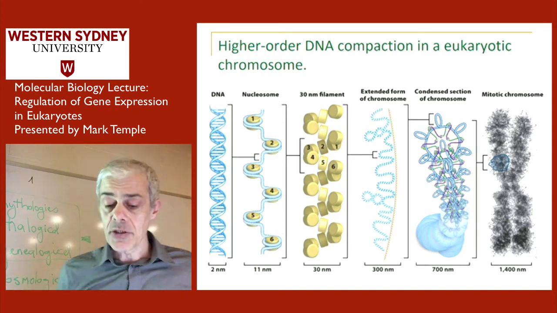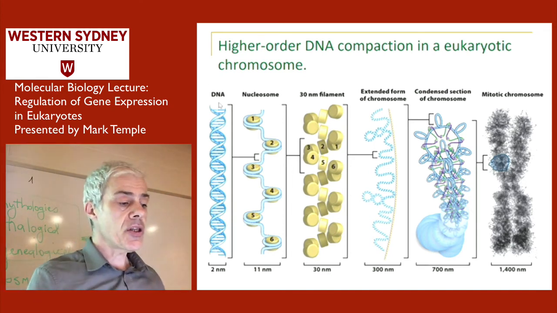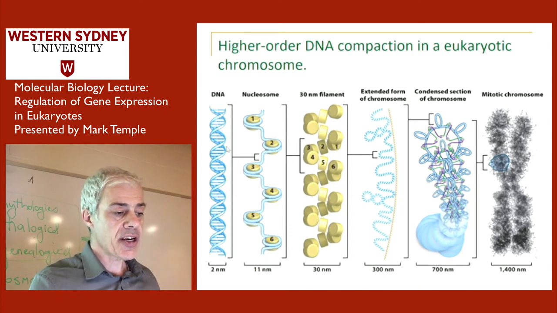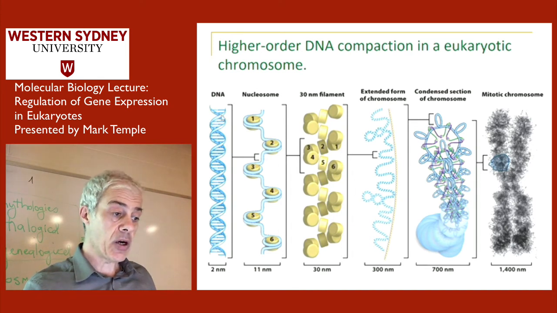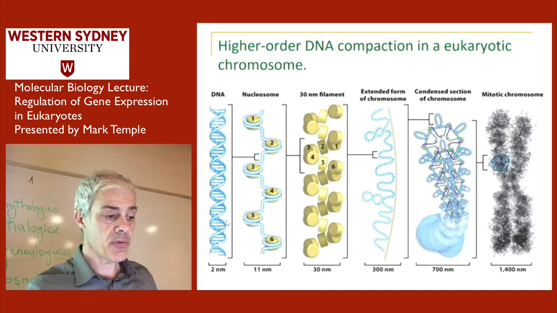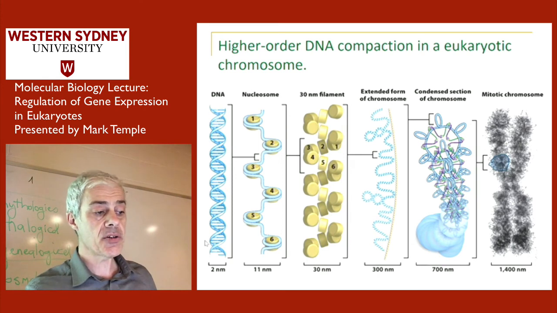Okay. So this is the double-stranded DNA, 2 anti-parallel strands. It's about 2 nanometers wide, and here we've got 10, 20, 30, 40, 50 base pairs of DNA or so.